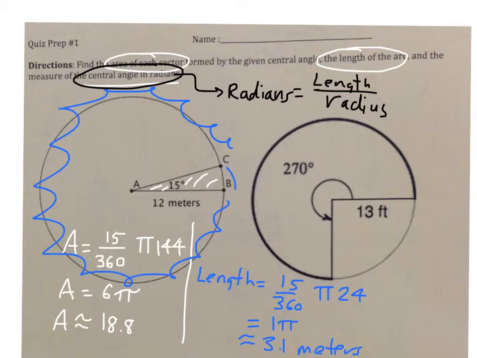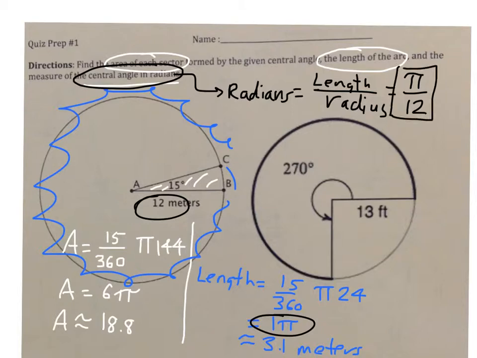For this circle, we just found out that the arc length was 1 pi, and we know that the radius is 12. So I just have to stack them up: the length divided by the radius. So pi divided by 12 would be the answer.